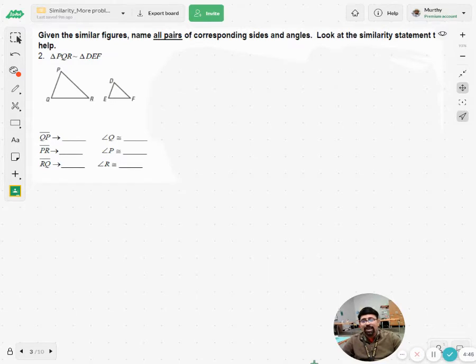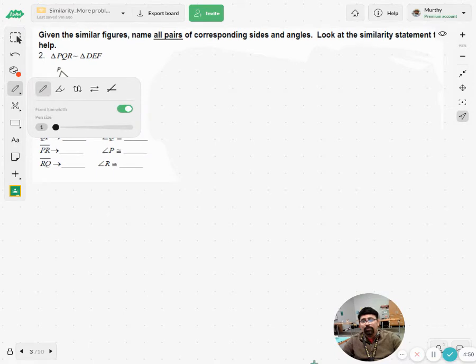So if I take angle P, let me grab my pen. So if I take angle P here, the corresponding angle is D. Therefore, P and D. Next angle Q, let me give two strokes here.